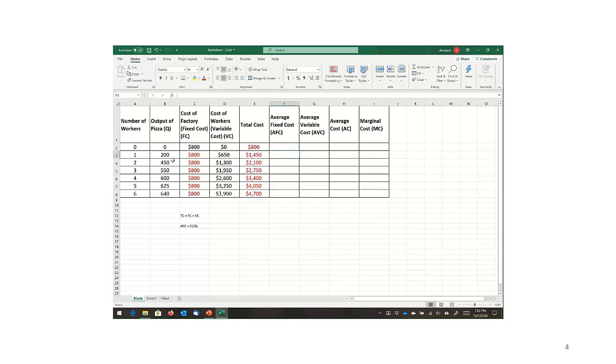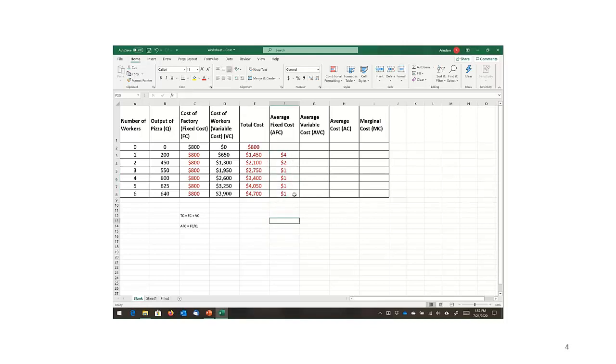We'll start with the quantity 200. So you do fixed cost 800 over your output, and that's your average fixed cost to produce 200 pizzas. I'll just put it down, and let's mark all of them in red so that you know this is what we are calculating.